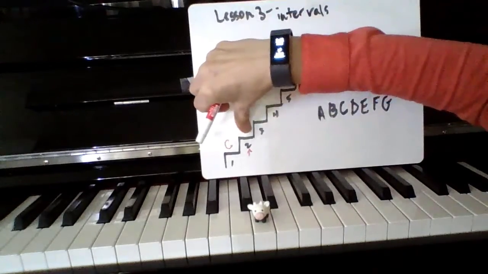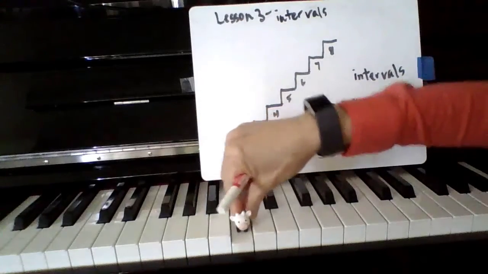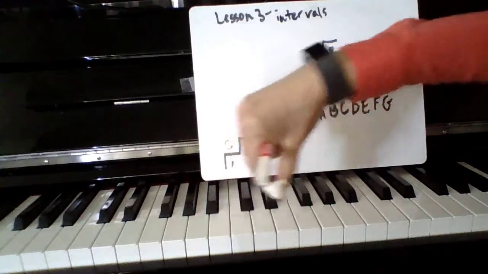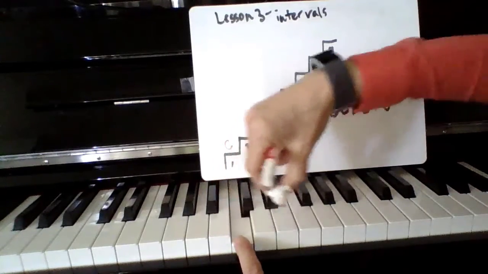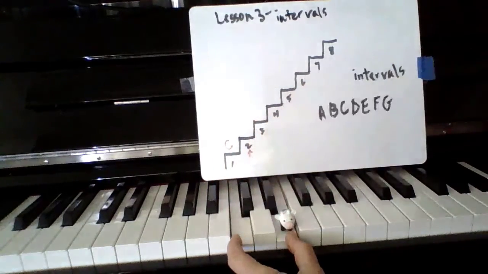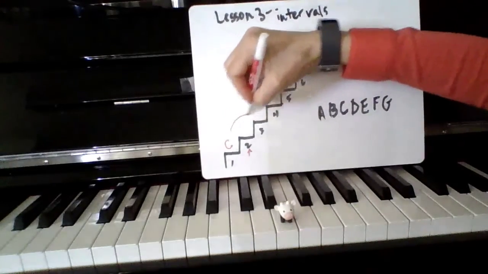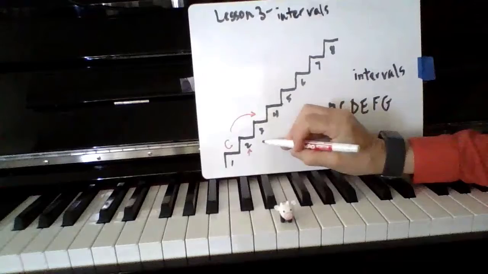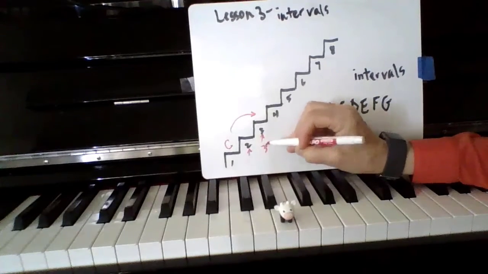Now, what if he jumped from his C spot all the way up to the third step? So he went 1, 2, 3. He's on the third step now, right? So that interval from C to E would be a third.